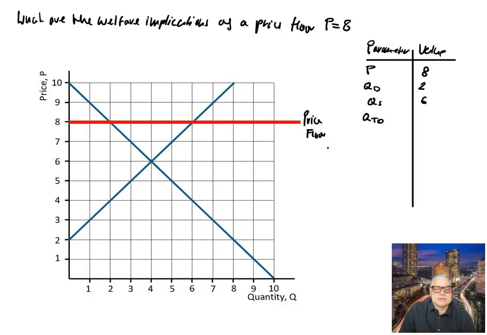So how much is being supplied and consumed? And again, this is of course only 2. So what we need to do is conduct our welfare analysis with respect to a quantity of 2.